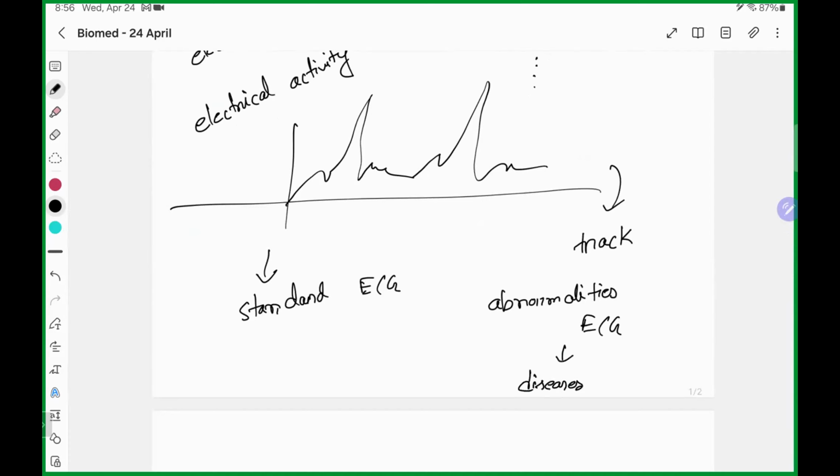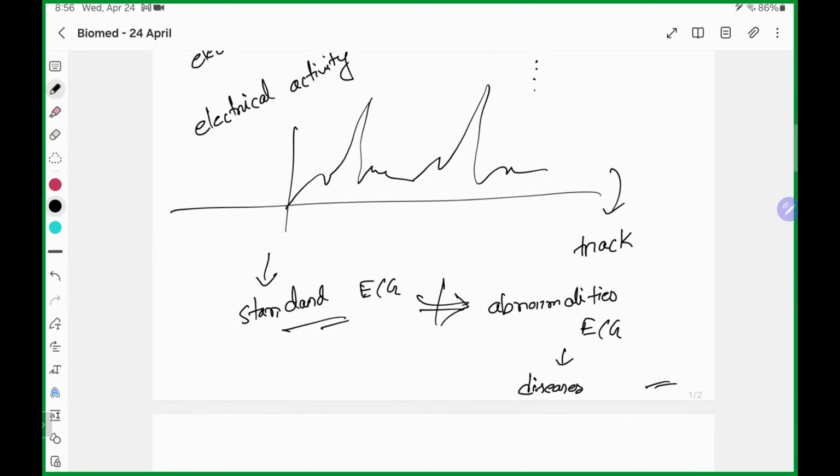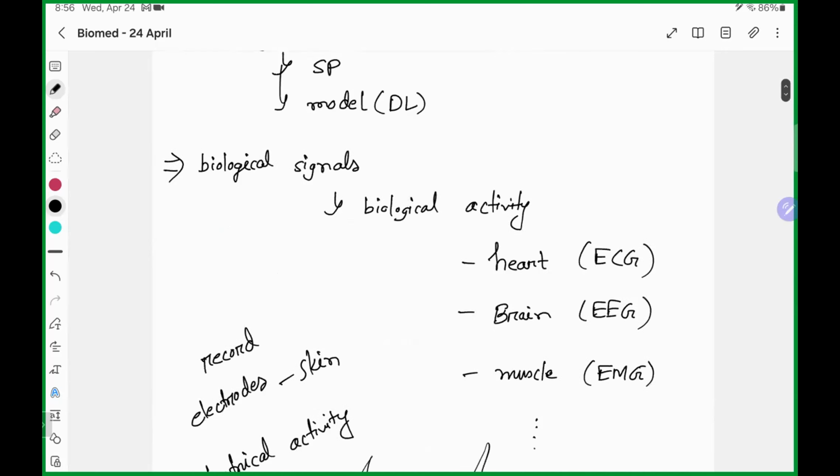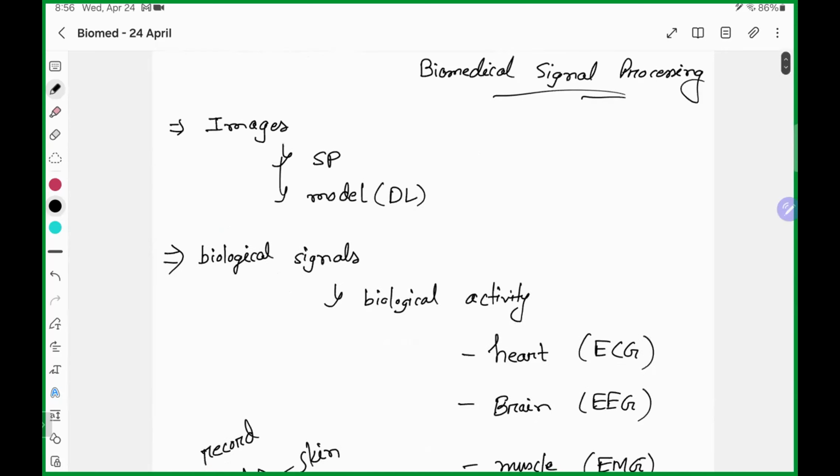By measuring the difference from the standard ECG, the abnormality, we can identify some of the diseases and understand the condition of the patient. Based on that, we can take the necessary measures to give the patient medicine, things like that. This is the actual purpose of biomedical signal processing.